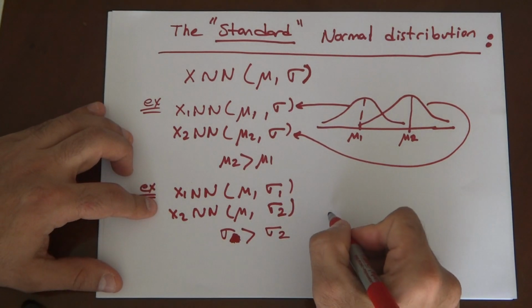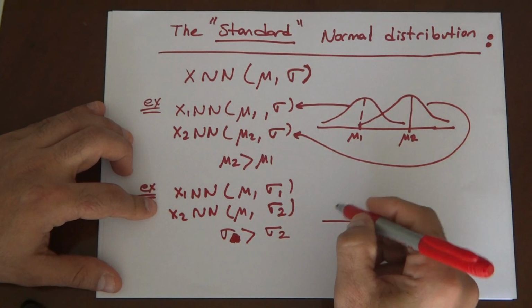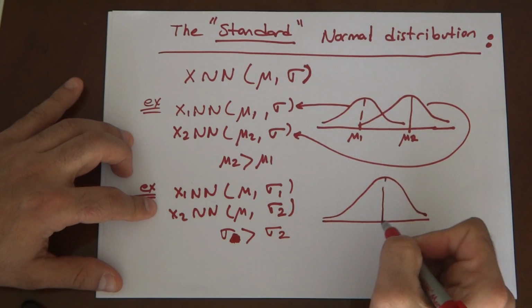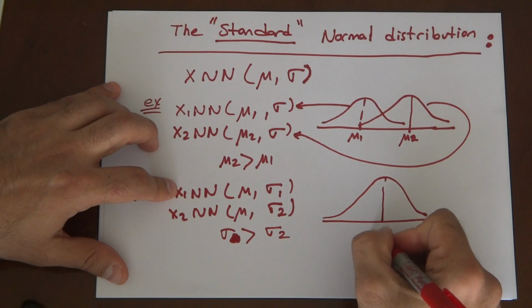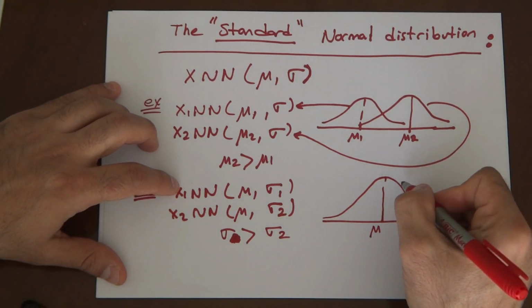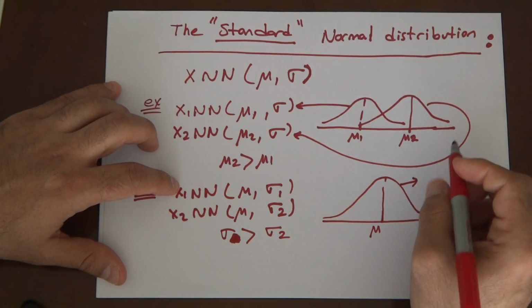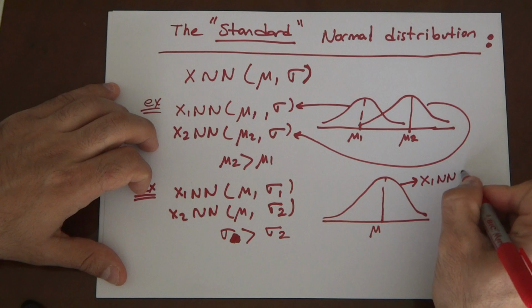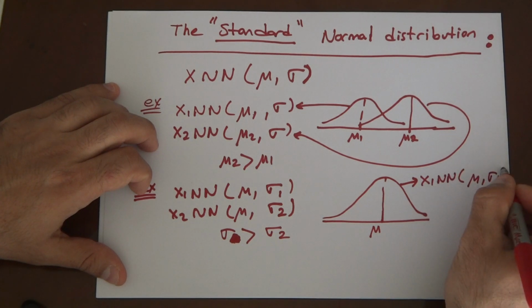In this case, let's assume this is mu, the center, for the first normal distribution with mu and sigma 1.